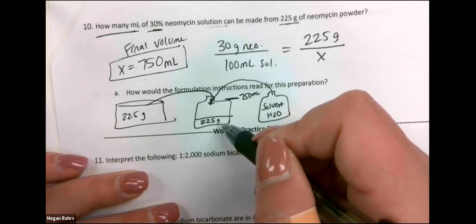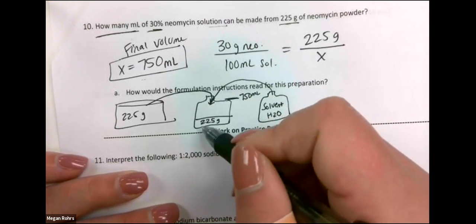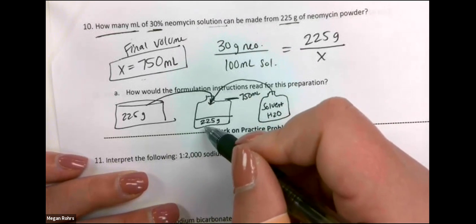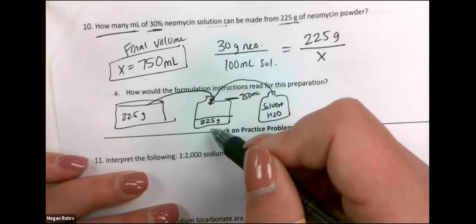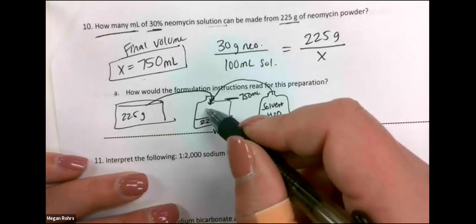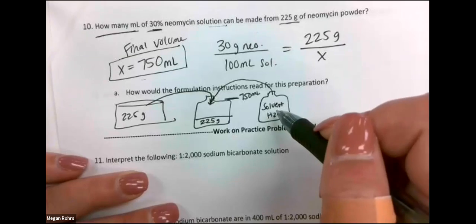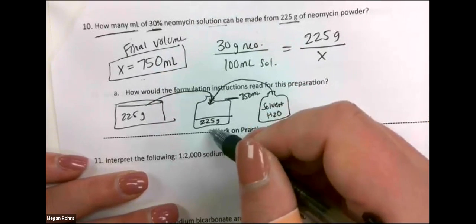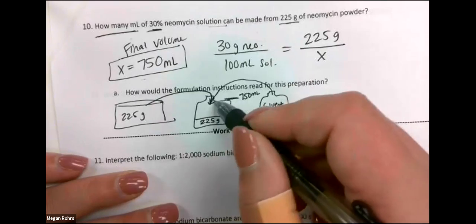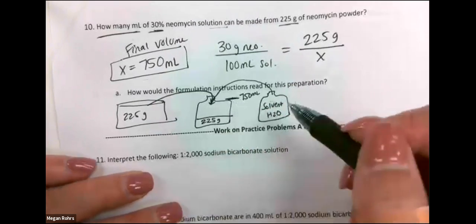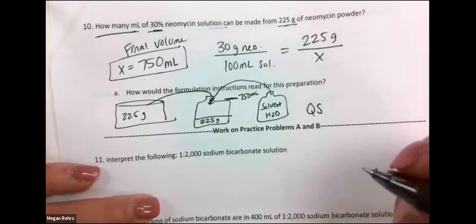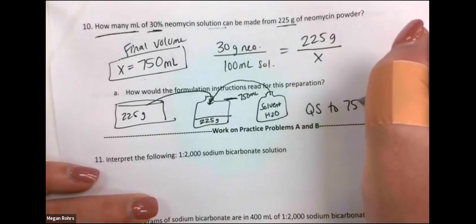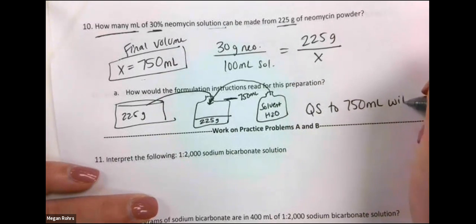But we could not say how much volume, how much space in milliliters this would take up. We just cannot calculate that. So when it comes to the solvent, what we say is add enough solvent to get up to the total volume of 750. And how we write that is by saying QS to 750 mL with solvent.